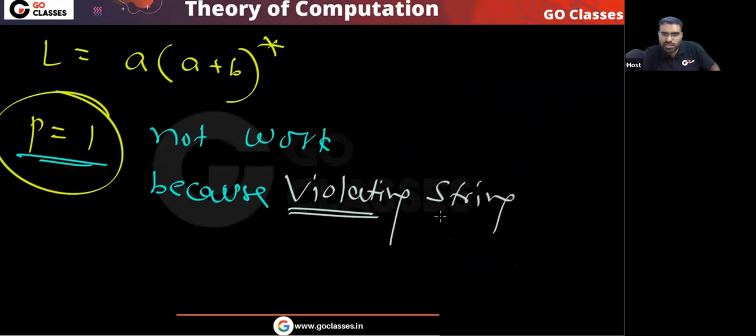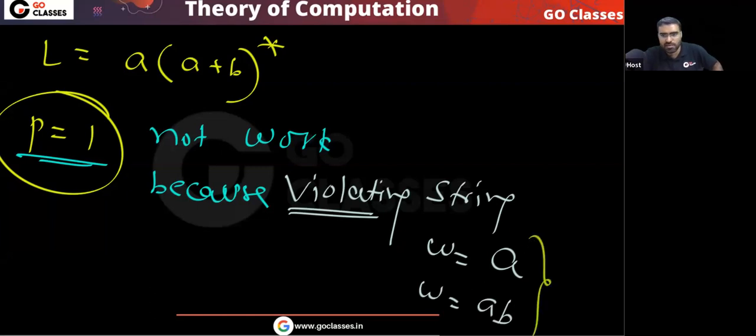Give me a violating string. For example, you can take the violating string A, or AB, or A double B. Those are also violating strings.